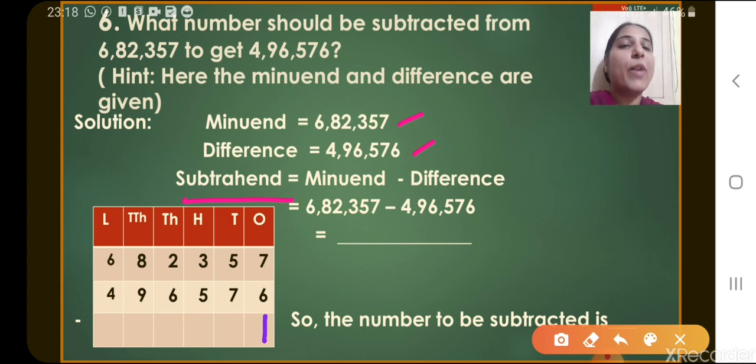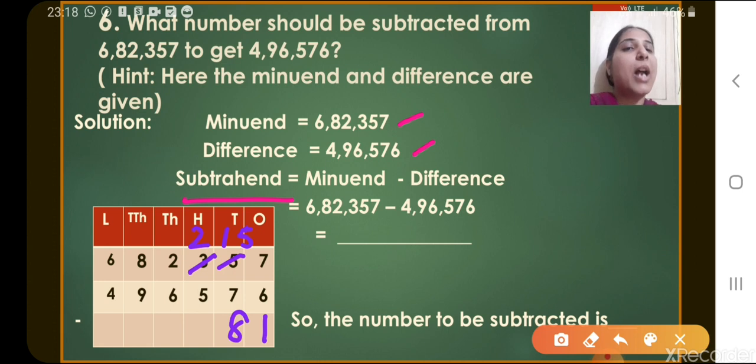When we borrow 1 from there, 2 will be left, and now the digit at the tens place becomes 15. So 15 minus 7, what we will get? Count after 7 up to 15: 8, 9, 10, 11, 12, 13, 14, 15. So what we will get, children? Yes, we will get 8 here.